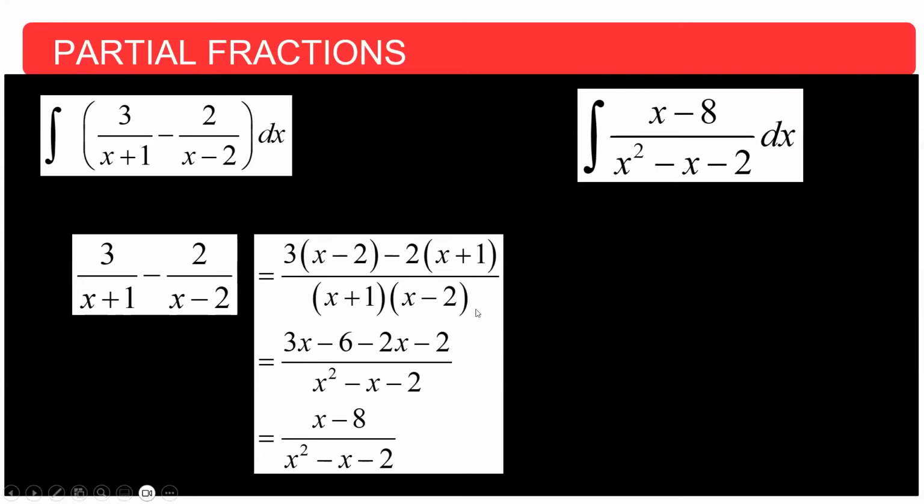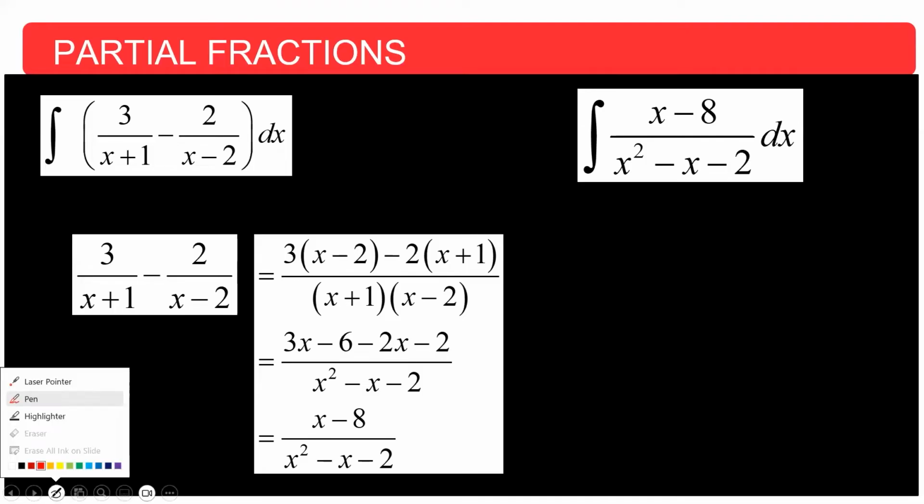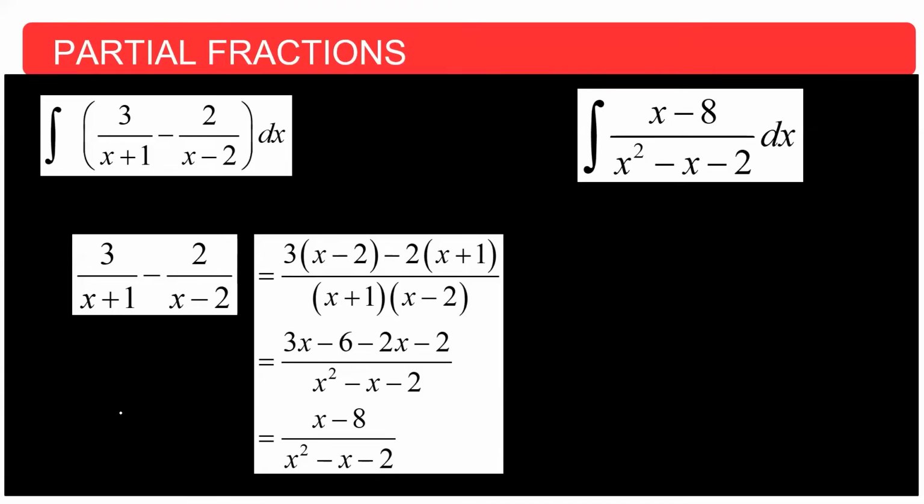So the thing is, how do you split the one on the right into two simpler or partial fractions? Again, you know that this can be split as x minus 2 and x plus 1. For each of the denominators, I will assign one letter.